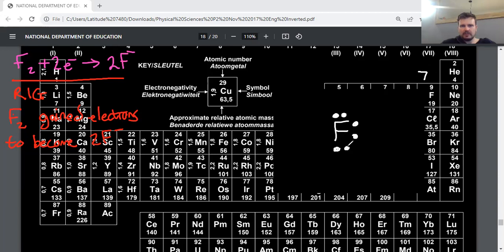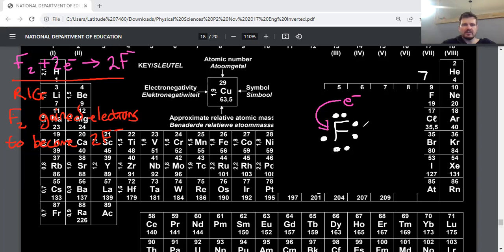We also know the octet rule means that these atoms, unless it's hydrogen or helium that has 2, the others all have 8. So it really wants to get 1 electron, because then it can be complete, sort of like neon, right?